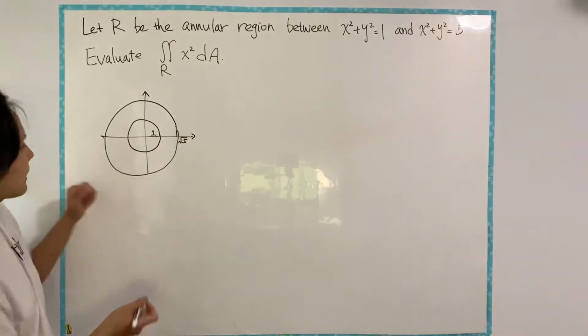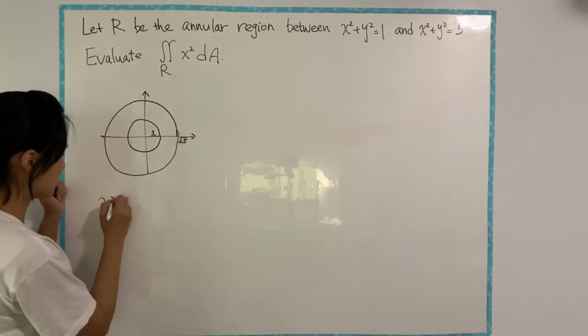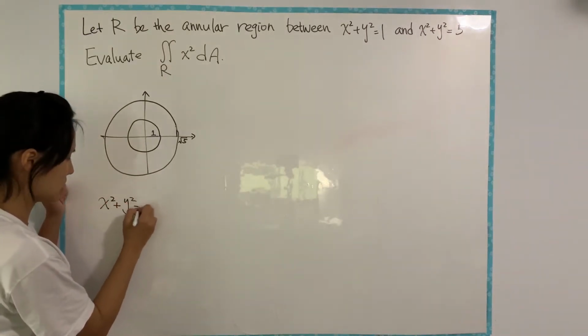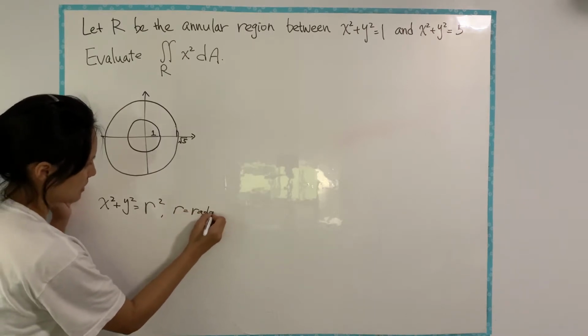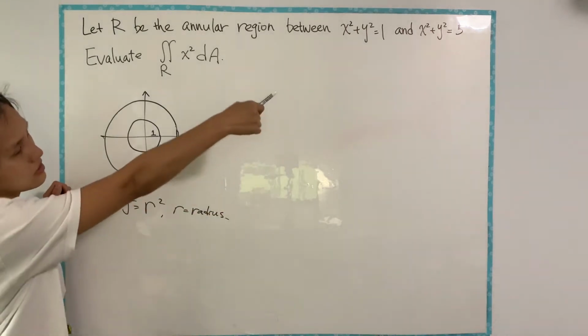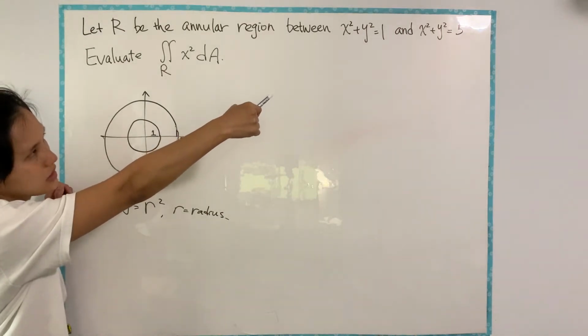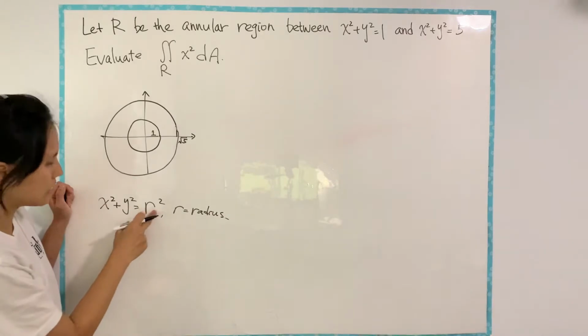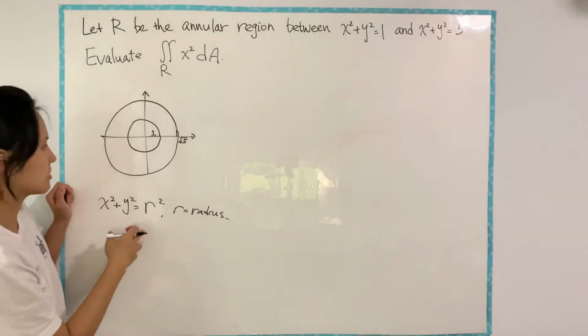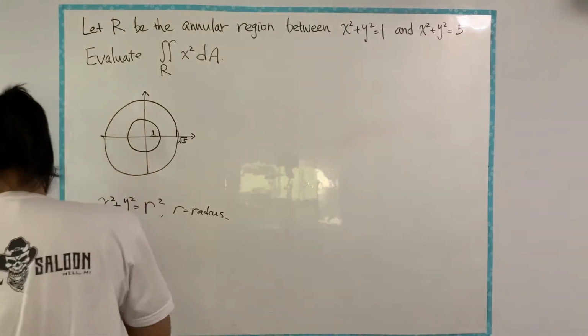Why root 5? Because I know the general equation is x squared plus y squared equal to r squared, where r is the radius. So looking at the second equation, x squared plus y squared equal to 5, I know 5 is the square of root 5. So the second circle's radius is root 5.